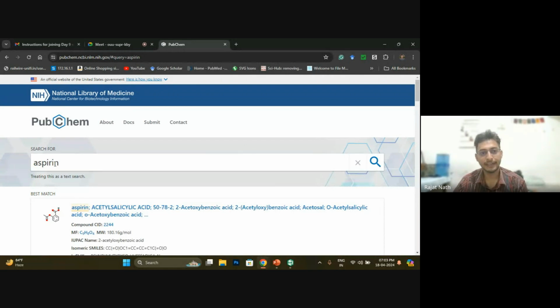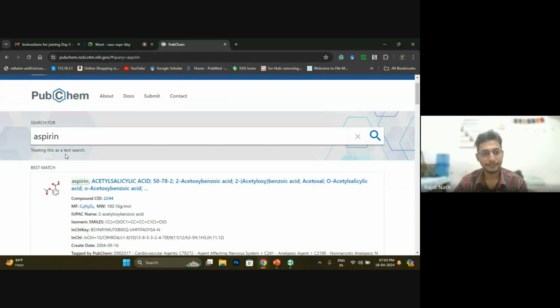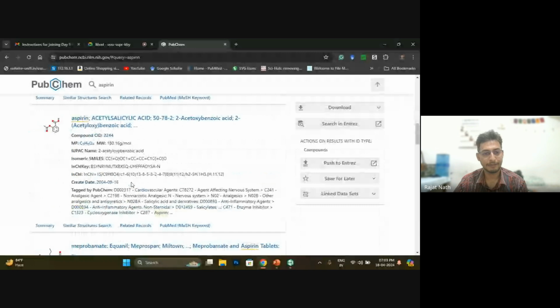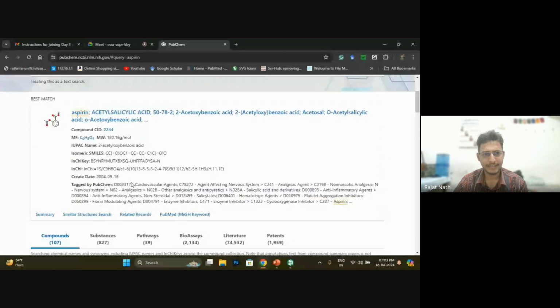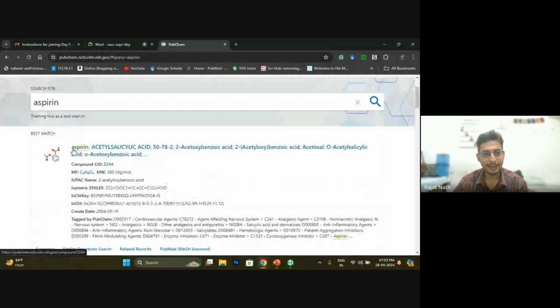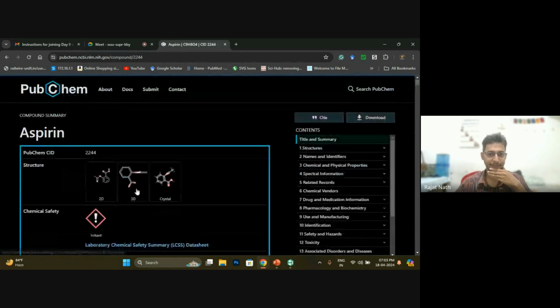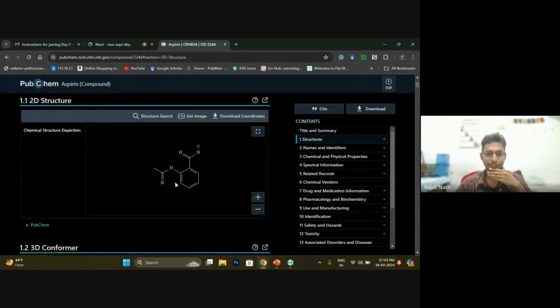When I search aspirin, you can get so many results, 107 compound results are available. Just check the best match and see whether the name is exactly what you typed. So this is aspirin, what I am looking for. Just click this one. This is the 2D structure of aspirin.